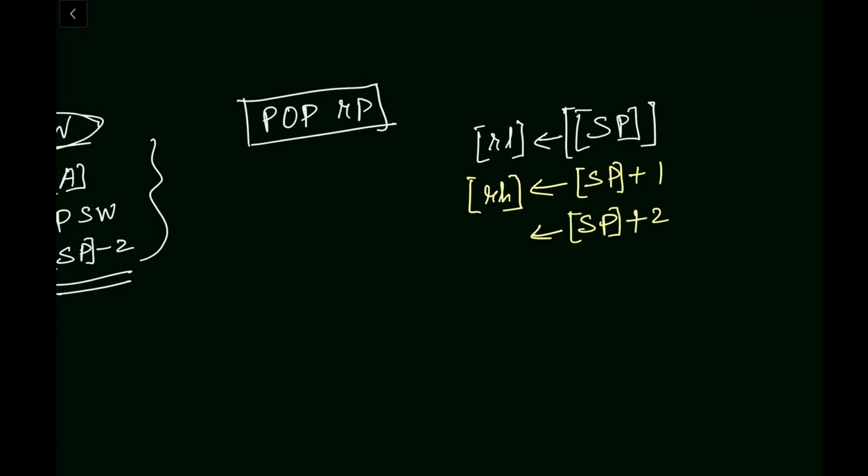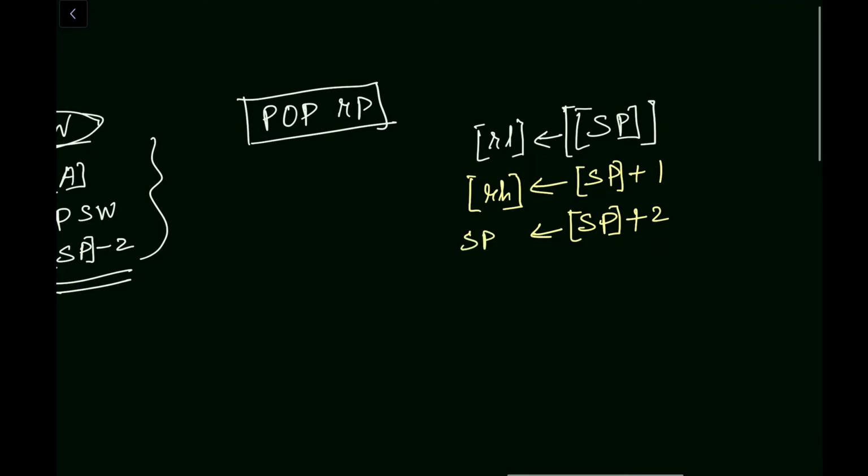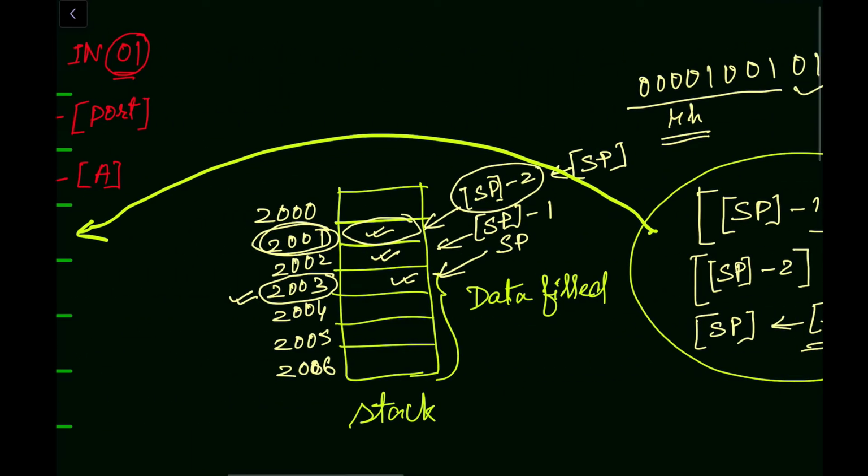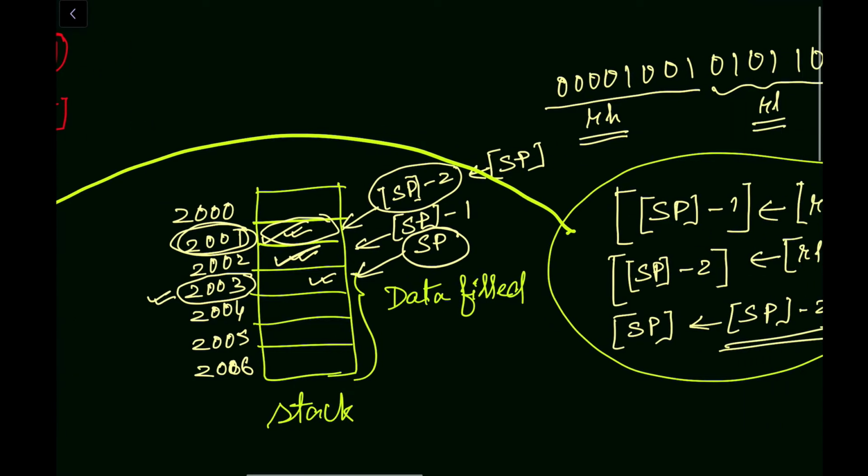That means SP+2 will be written into the stack pointer. Now the stack pointer points to the lower order address. We have popped this one data and this one data. Now the stack pointer will again point here, because SP-2+2 means SP. After the pop instruction, it goes back to the previous stack pointer value.